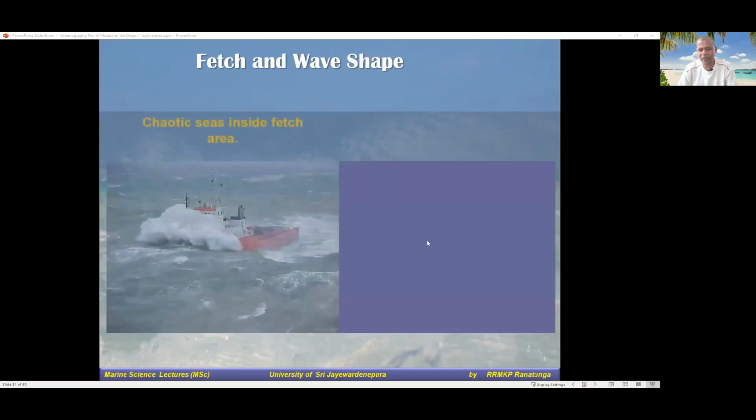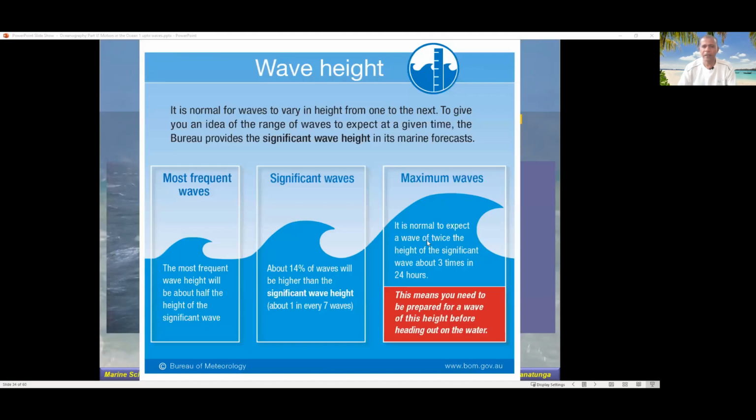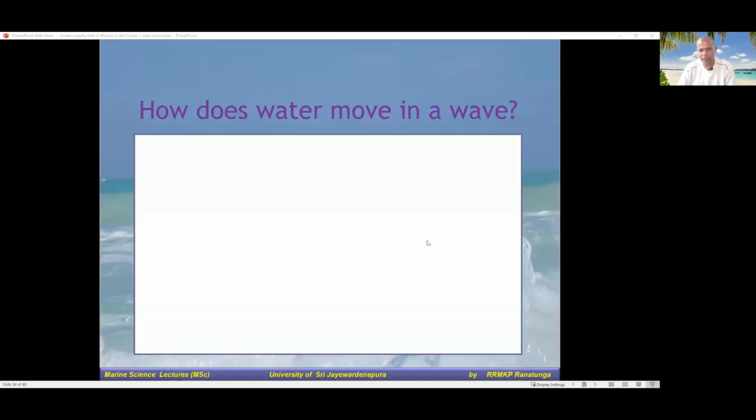So we have to take care of them as well, right? But anyway, it's not always like that, it can be very different. So again, wave height and everything depends on many different factors as we discussed before, right?